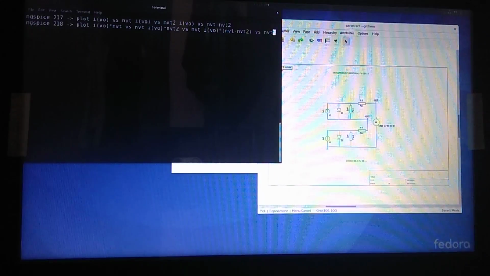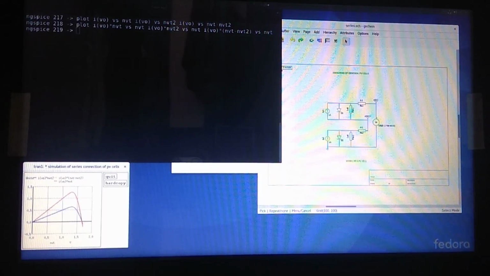And the next plot will be IV0 into NVT2 for the PV cell 2 versus NVT, the same x-axis. IV0 into NVT minus NVT2 would be the voltage across cell 1 versus NVT. So this will give you the power versus voltage curves for the three cells.